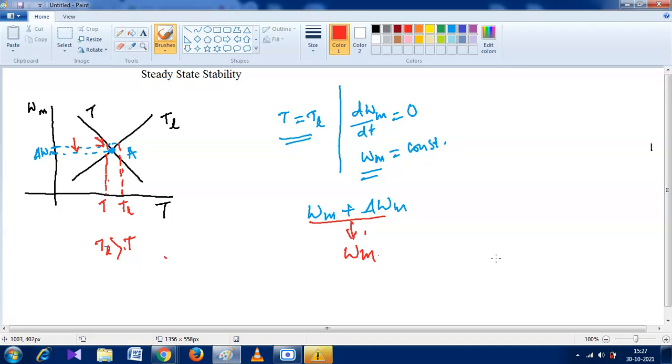Have you understood that? Yes, sir. If we increase the speed of the motor load system, like in the diagram, the motor returns back to the operating point A. And now suppose we decrease the speed of the system by delta omega, what will happen?